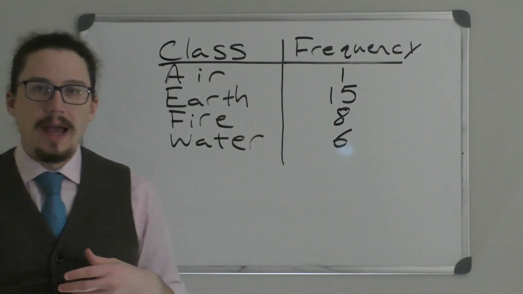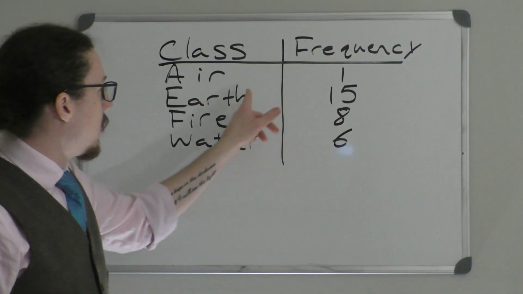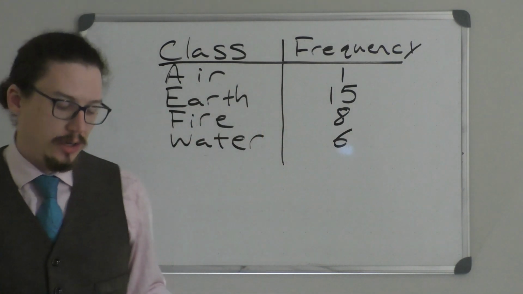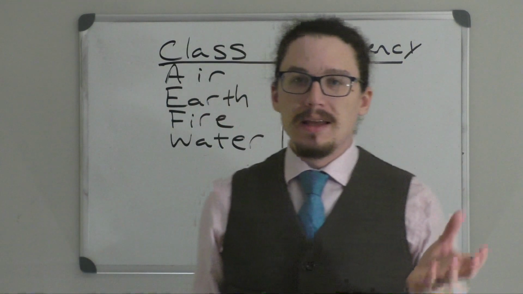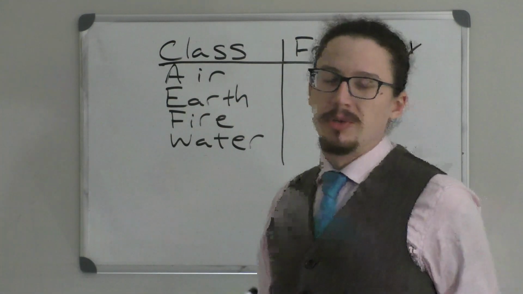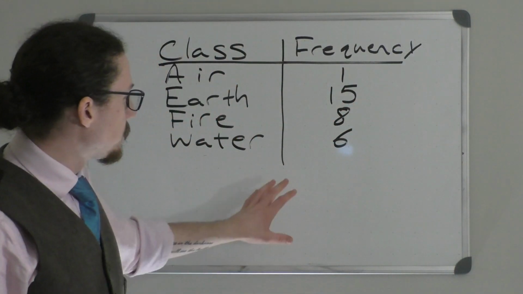We can quickly look at a frequency distribution and see that earth is the most frequent, air is the least frequent. It's not super informative, but especially when we're dealing with categorical data, you can't get much more informative than that anyway, so it is still a very helpful tool.